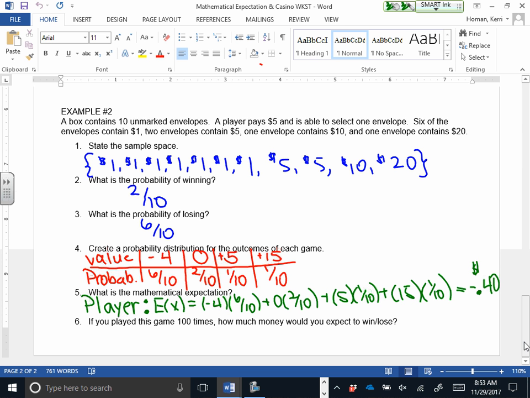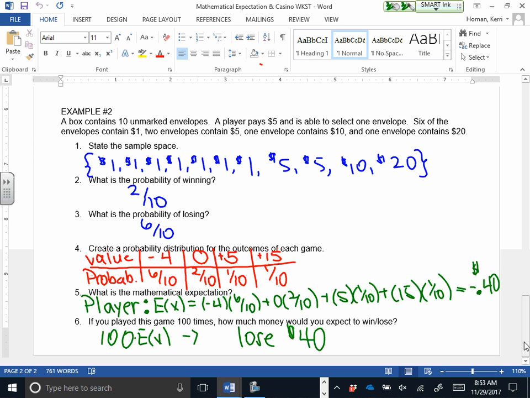Okay? What does that mean? If the player played the game 100 times, what do we do with that number? Okay, we're going to take the expected value and we're going to multiply by 100. Okay? The player can expect to lose $40 if they play the game 100 times. Okay?